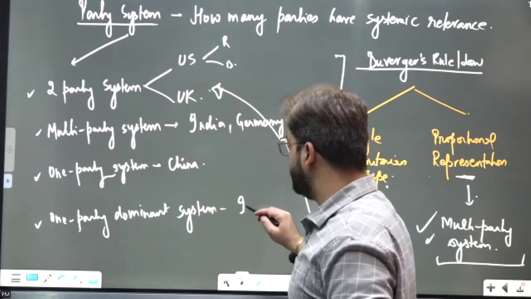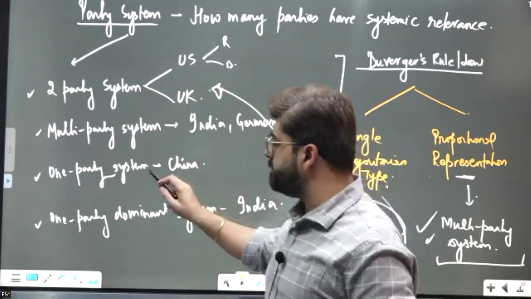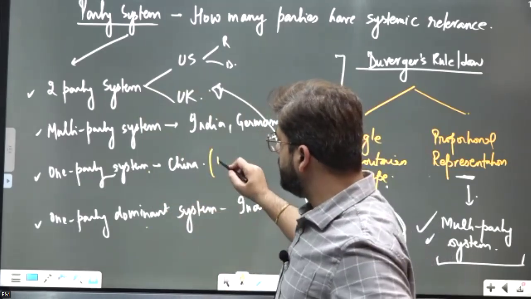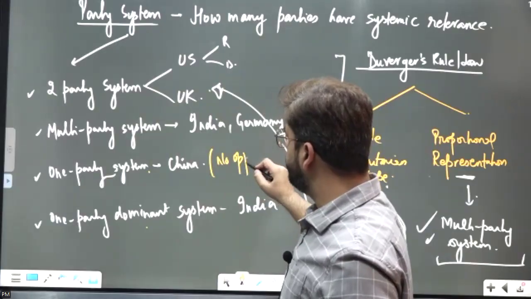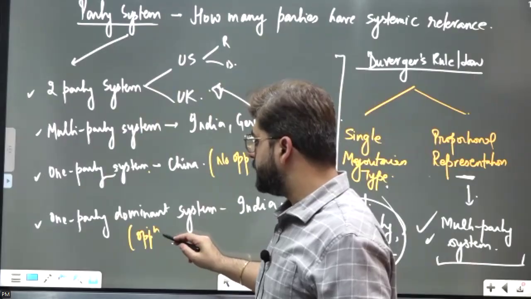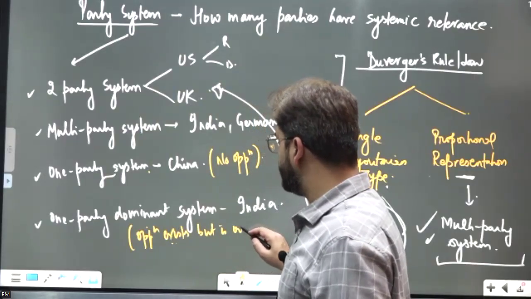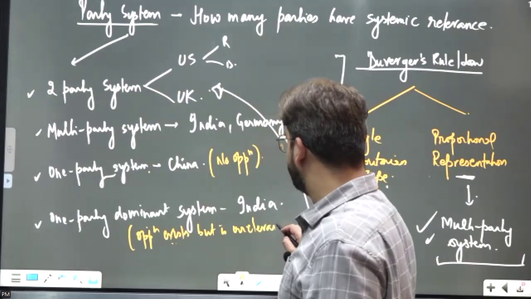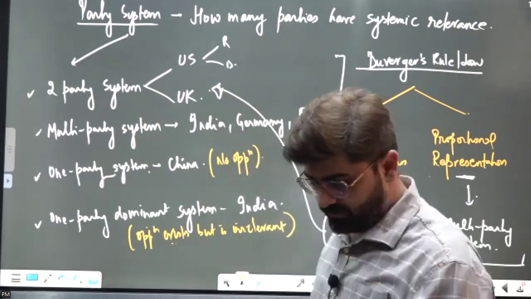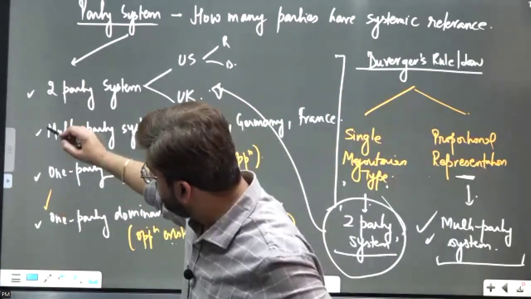One question which can come is, what is the difference between one-party system and one-party dominant system? The difference is, here there is no opposition. Here the opposition exists but is irrelevant. So that's the difference. India has seen this also.